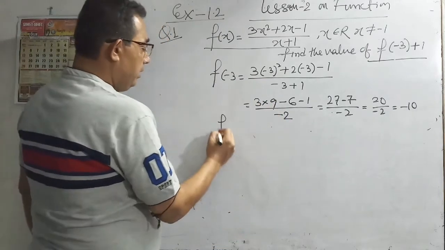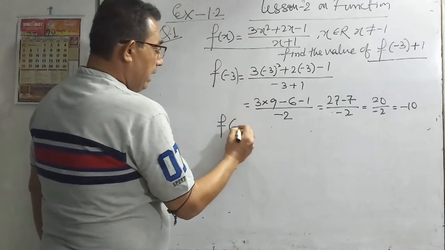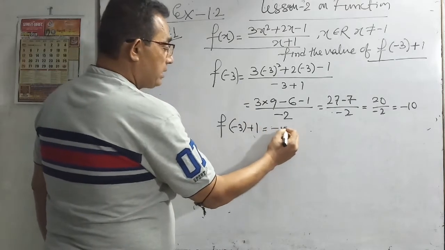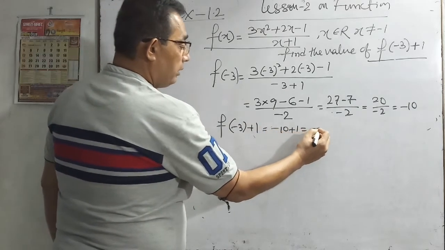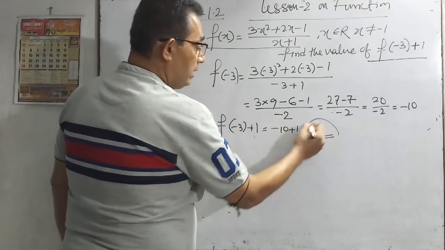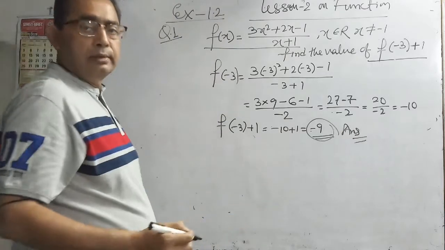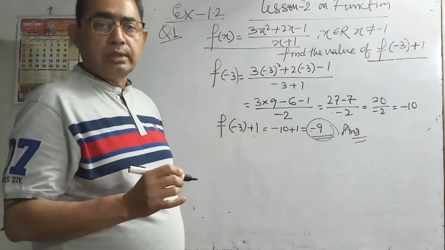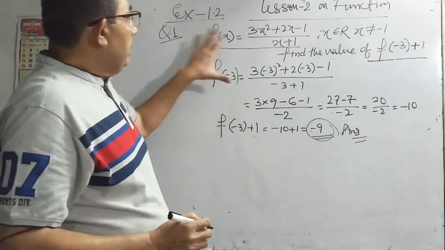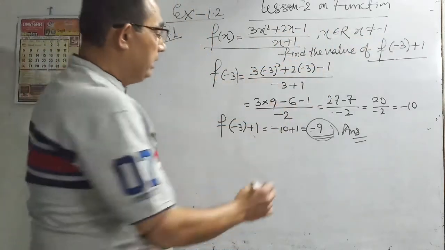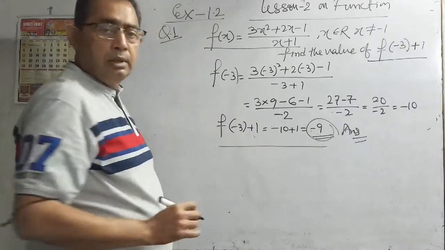Now the question is f(−3) + 1. f(−3) is minus 10, plus 1 equals minus 9. This is your answer. Simple, 2 marks question. Function is given, you simply have to find this value.